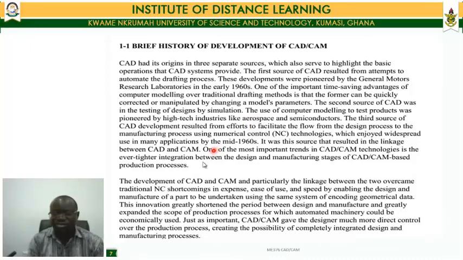They noticed there was an important time-saving advantage, because if you look at computer modeling over a traditional method of drafting, you can clearly see a computer model you can quickly correct, manipulate and change parameters, other than drafting on paper.